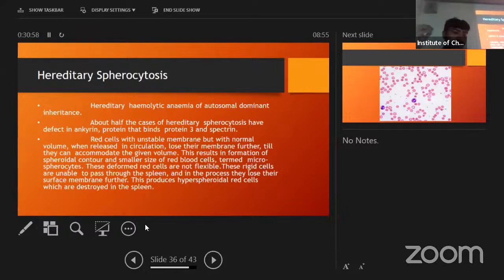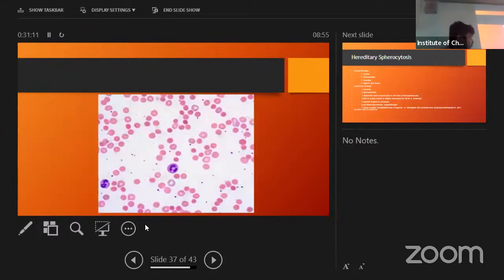But when it gets into the spleen, it further loses membrane and becomes a macrospherocyte, and now it is lysed. So this is the peripheral blood smear of hereditary spherocytosis, where most of the cells are spheroidal in shape.